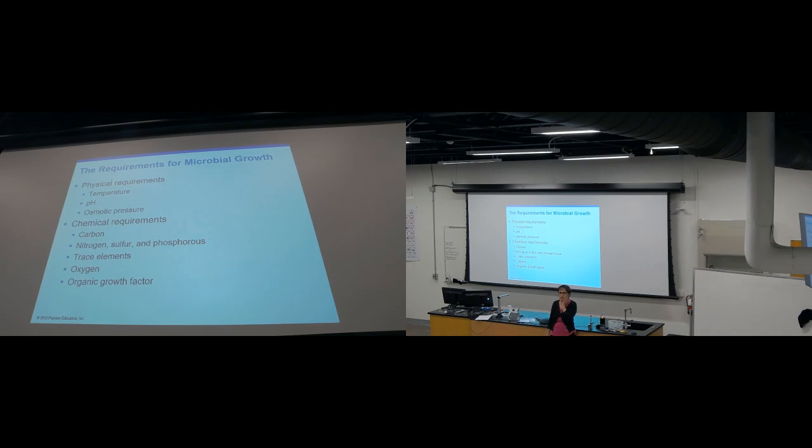Oxygen is needed for most bacteria, and they may need organic growth factors to grow. Basically, all of these chemical requirements are a source of nutrients. And the physical requirements help these nutrients to be assembled into particular structures like proteins, nucleic acids, and lipids to form membranes, and the components, of course, of the cell wall.